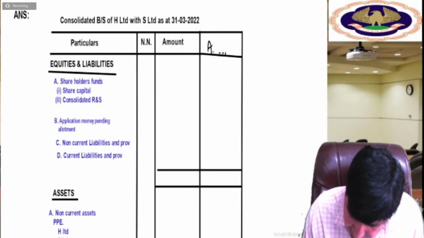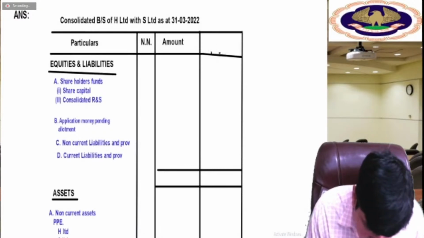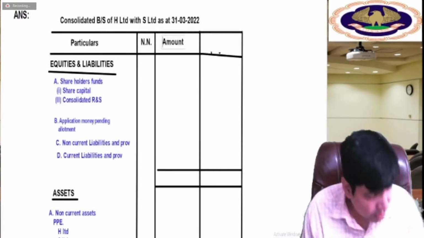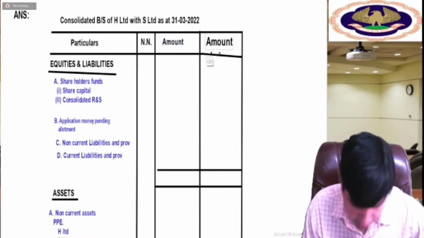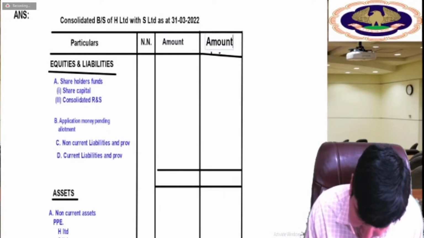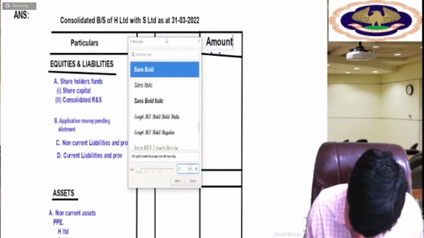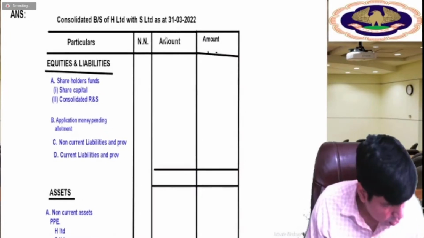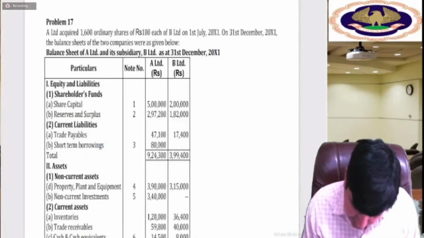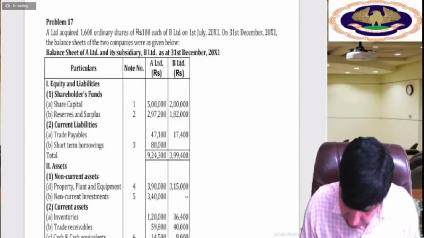First, please prepare a format. Now read this question. There is a company, A limited and B limited.